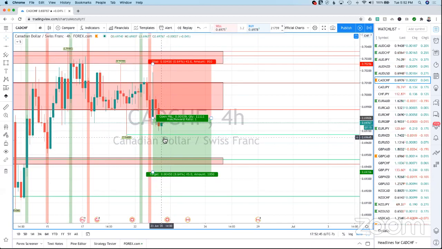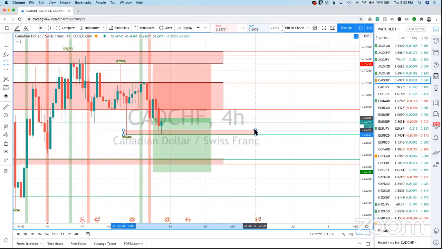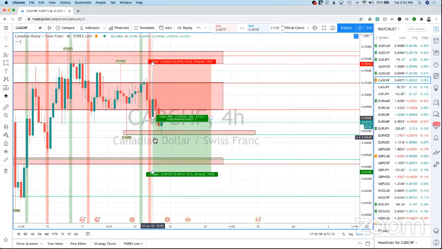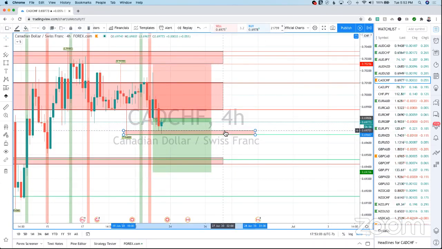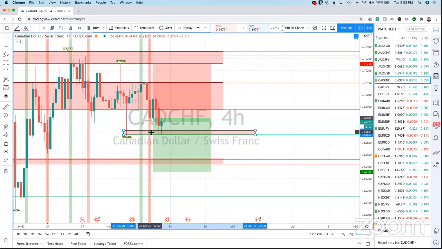This one would be considered a bottom because it didn't touch the actual zone, but it's still in the same zoned area. If I was to draw a zone right here, it obviously tested it twice. So this is actually a bit of a risky trade. I don't know if I would take that trade right now. It is a valid entry because of this candle, but it's a very risky trade, to say the least. Let's keep going through.